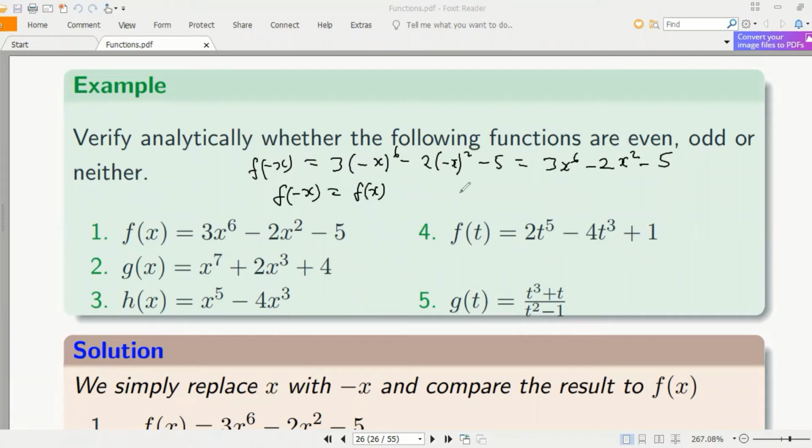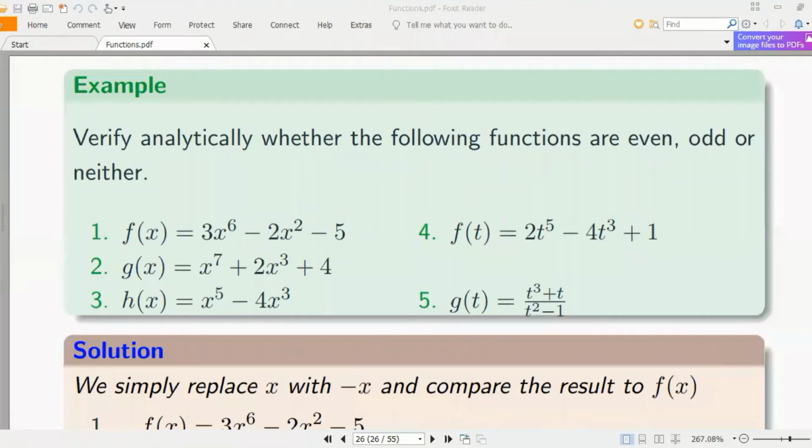You can see they are the same. And so that means therefore that this function here is even. By definition, you can see that it's even. If f of negative x is the same as f of x, then it's even.